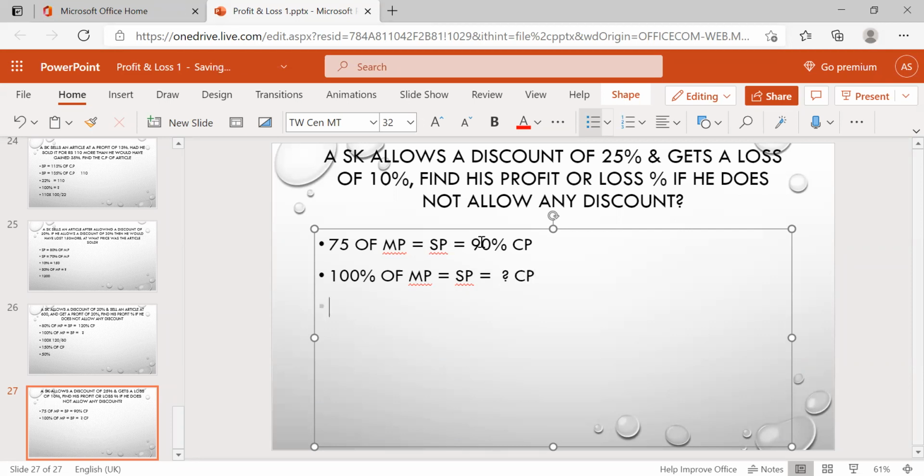So just do the cross multiplication. 100 into 90 divided by 75. Calculate this: 15 5s, or 15 6s here. So 5 20s, 20 into 6, is nothing but 120% of CP they get.